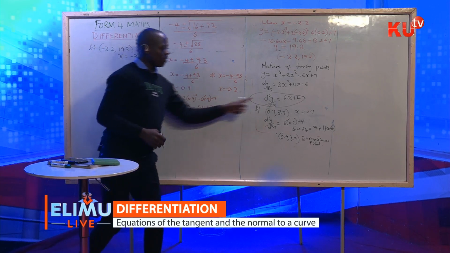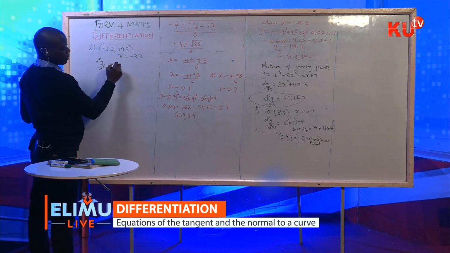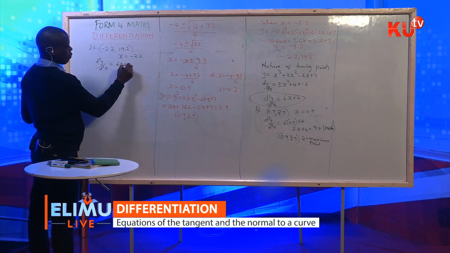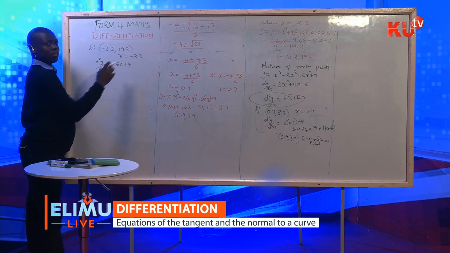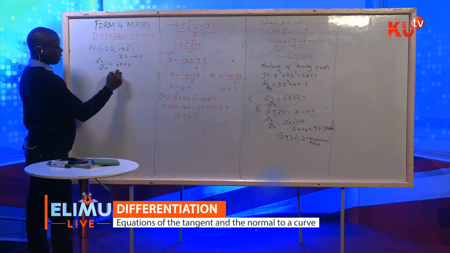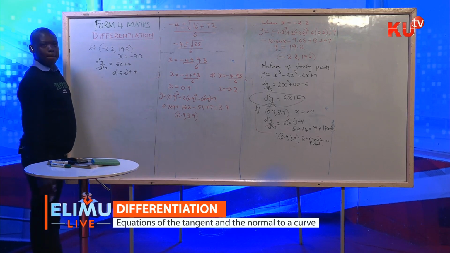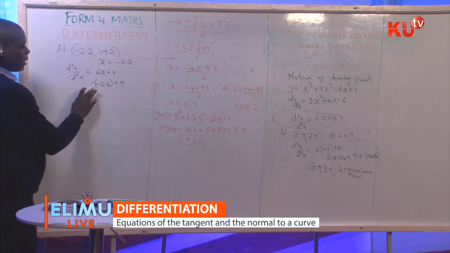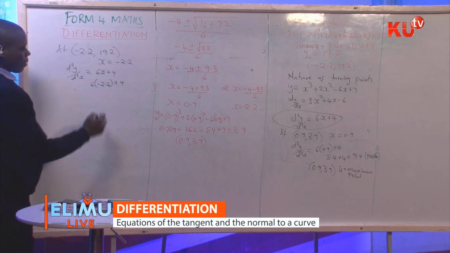Now, what is our second derivative function? d squared y over dx squared is 6x plus 4. So replace in the value of x as negative 2.2, students. So we'll have 6 into negative 2.2 plus 4. If you multiply 6 by negative 2.2, what do you get?